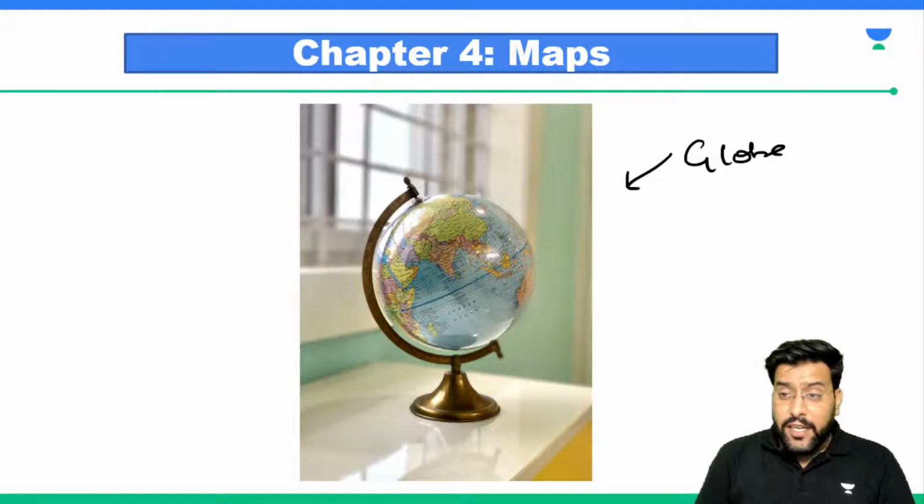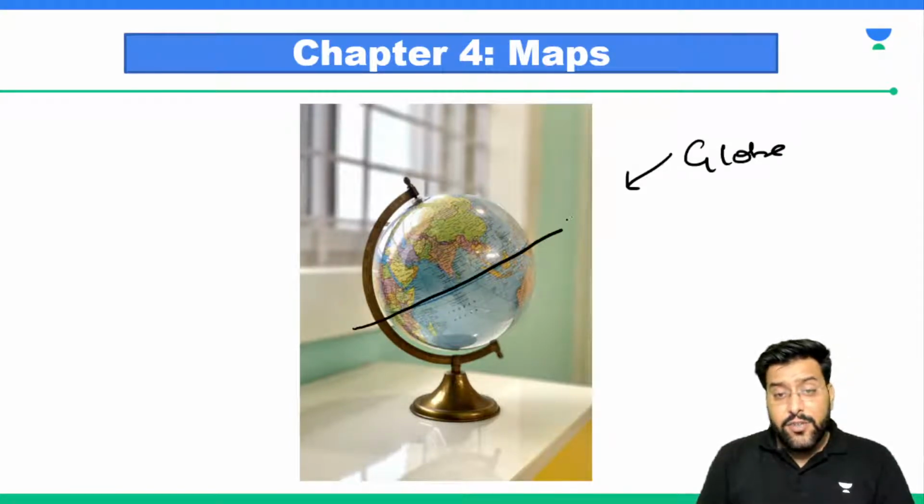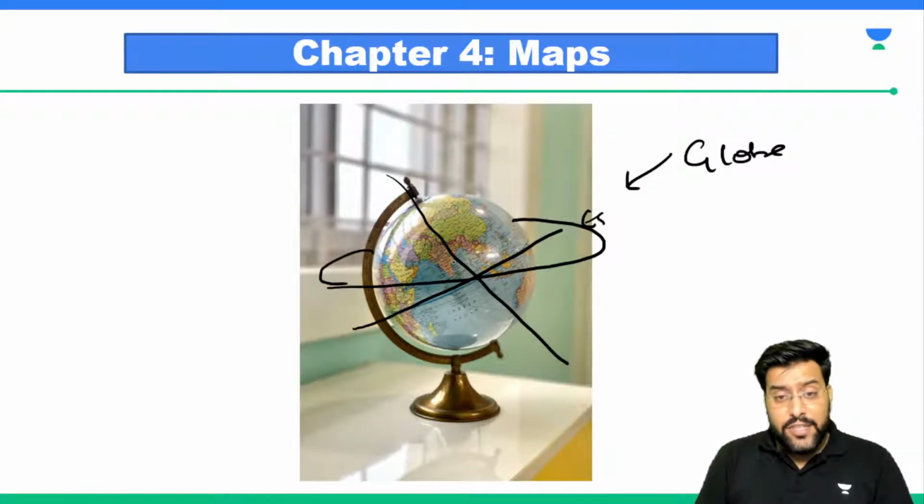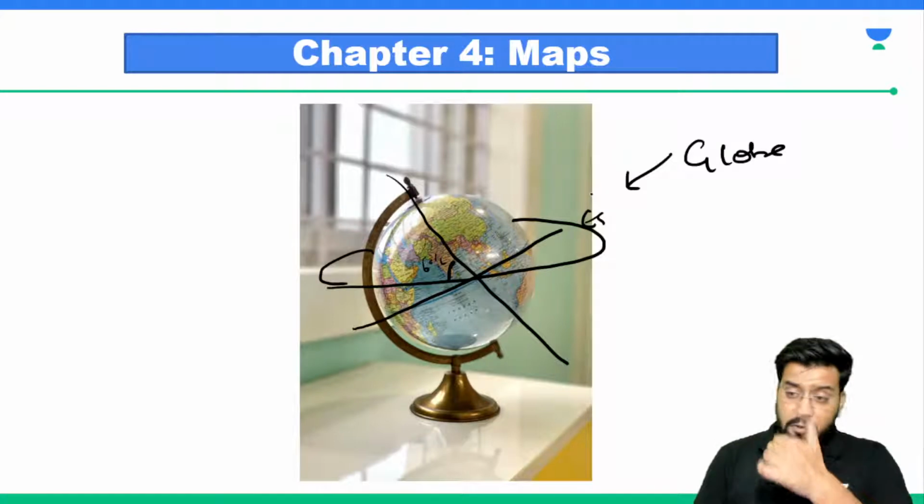Yesterday only I told you about the tilt in the earth. So this is our equator. There is a tilt in the axis, and the earth is revolving like this. Yesterday we discussed this angle with the axis, that is 66.5 degrees. Are we following it?